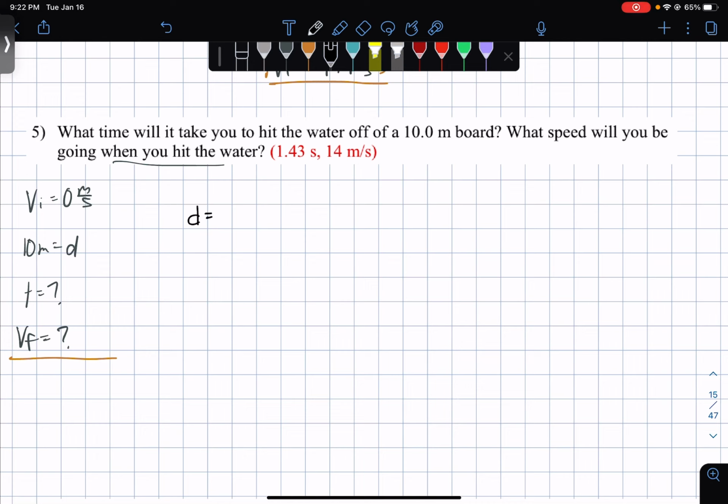So distance is equal to VI T. We don't have acceleration. Nope, this isn't going to cut it.